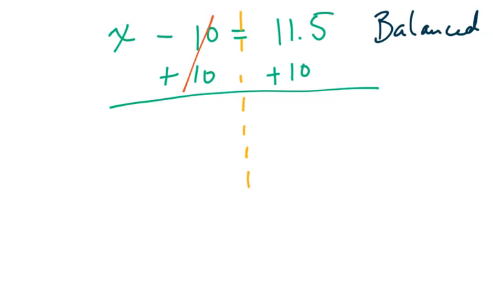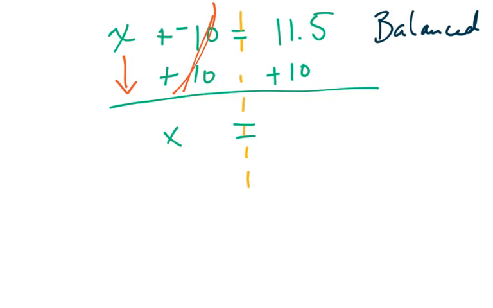This cancels out, this comes down, so I write x equals. Okay, so this is negative 10 plus 10. Because I could do keep, change, and so I have negative 10 plus 10, that's 0. So this is nothing, it goes away, that's why I put a line through it.